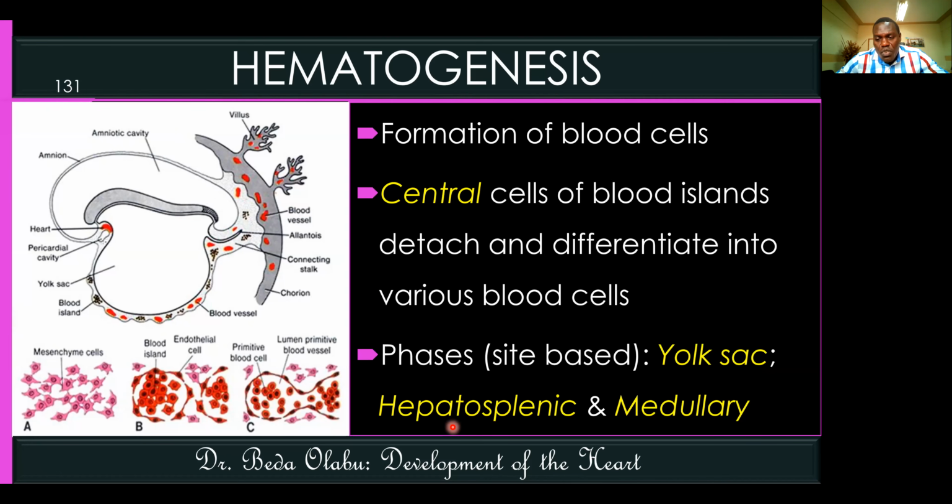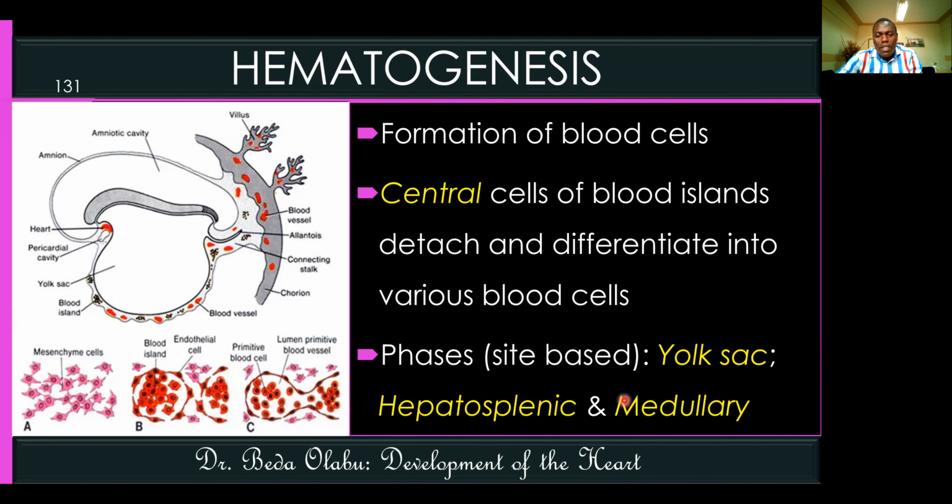The last phase of hematogenesis is what you're calling the medullary phase of hematogenesis. Medullary phase of hematogenesis is when blood cells form within the bone marrow. So this is what will begin: yolk sac phase. It will be followed by hepatosplenic phase. Towards the time of delivery, the medullary phase is the one that will predominate.